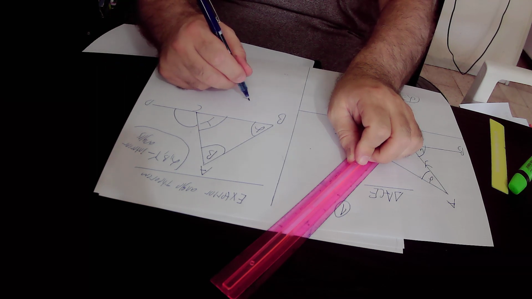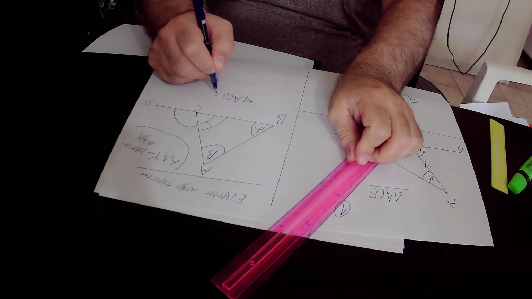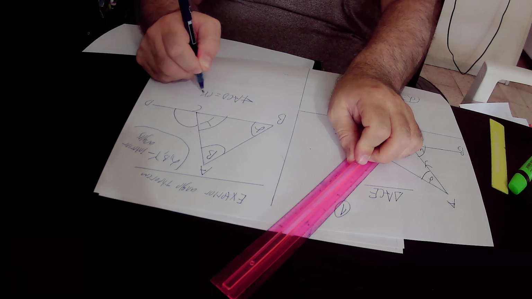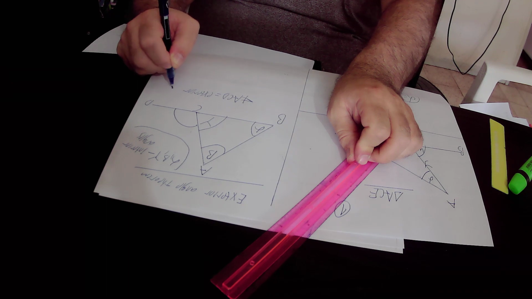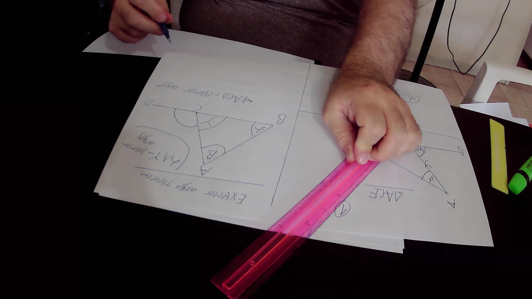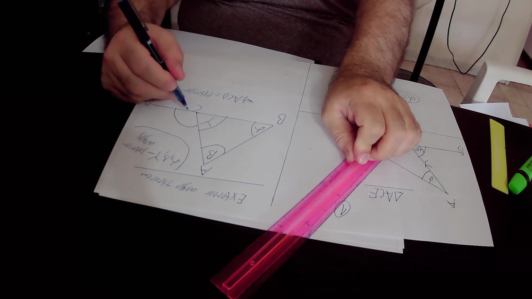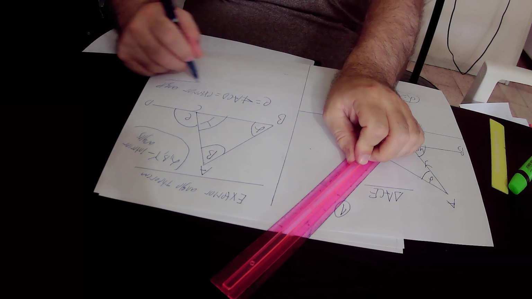I write it down: angle ACD is defined as an exterior angle. Why? Because it is located outside triangle ABC. We define angle ACD as E, so angle ACD equals E according to our definition.